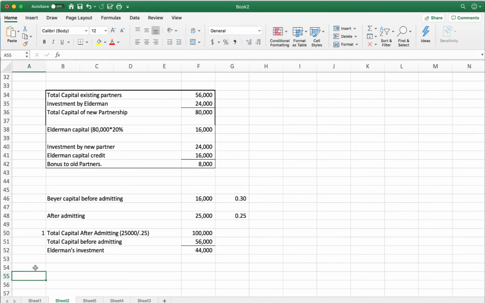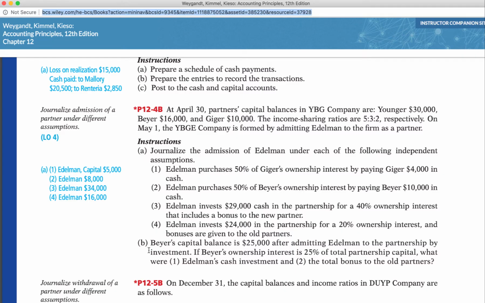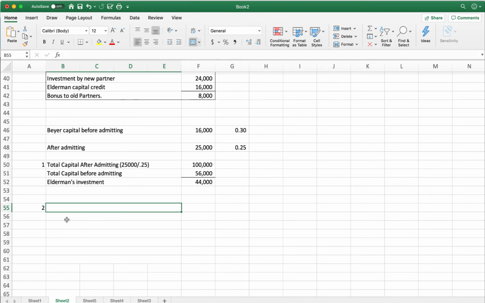Now, part two. Part two asks us, what's the total bonus to the old partners? In order to figure that out, the first thing we need to figure out is the increase.